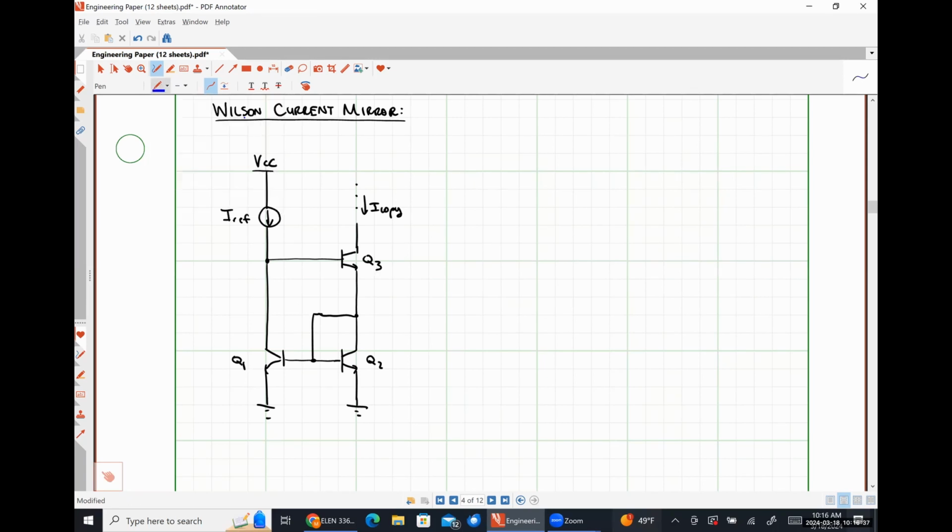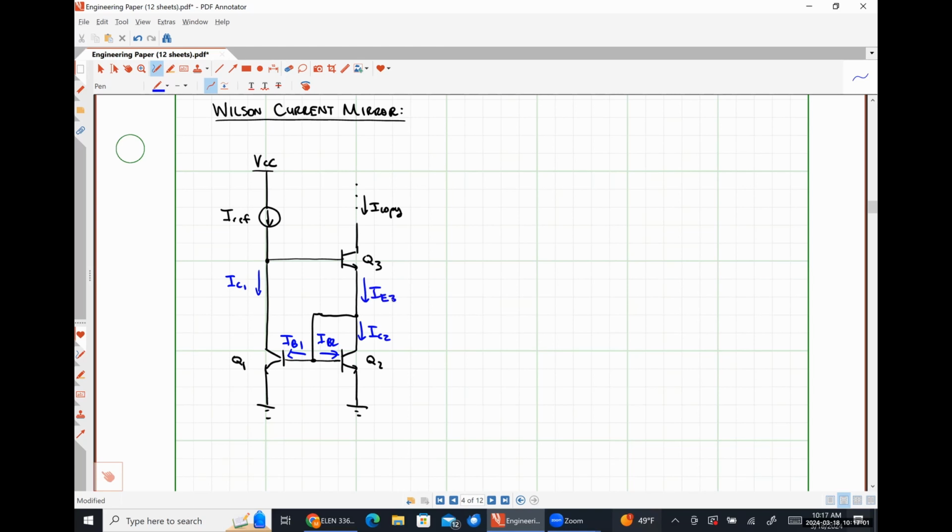And let's go ahead and label some currents so we can figure out how this guy works. Okay. So this is going to be the current IC1, IB1, IB2, IC2.